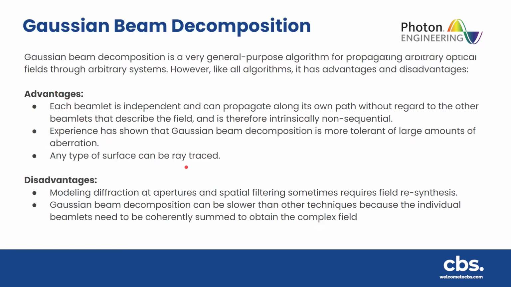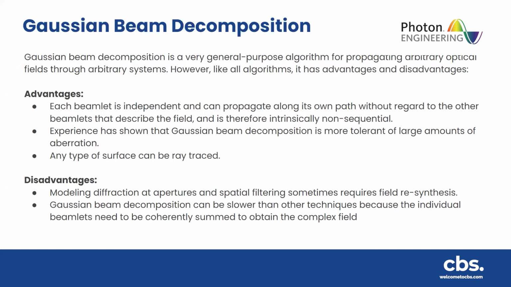And any type of surface can be ray traced, with the small print essentially saying, as long as there's no discontinuities or very high spatial frequencies of the order of the wavelength. So we can't use this algorithm to model the explicit structure of a surface grating, for example. But for any sort of macroscopic optics, lenses, and so forth, this algorithm is perfectly suitable.